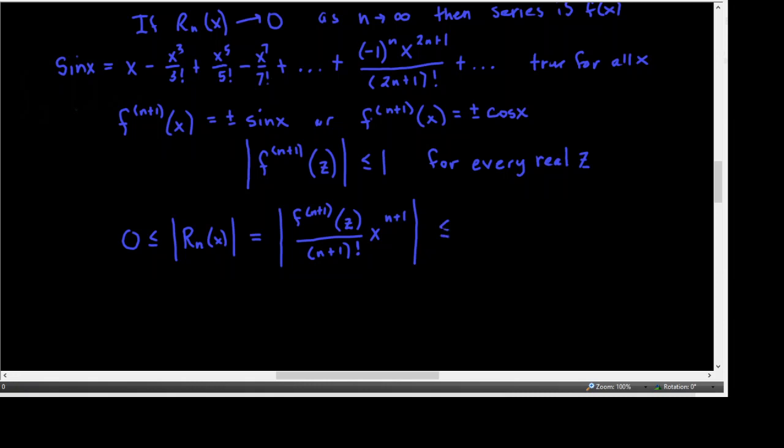Okay. And if we think about that, because of the statement right above, that's going to be less than or equal to the absolute value of x to the n plus 1 over n plus 1 factorial. The reason I can do that is that I can take out that n plus 1 derivative at z and say that it is less than or equal to 1.